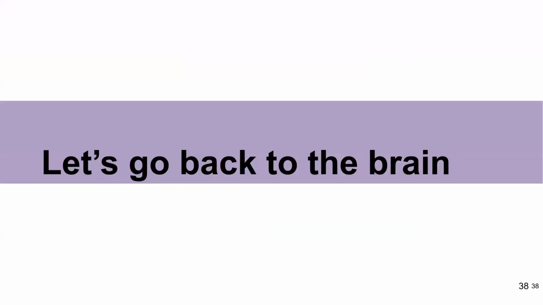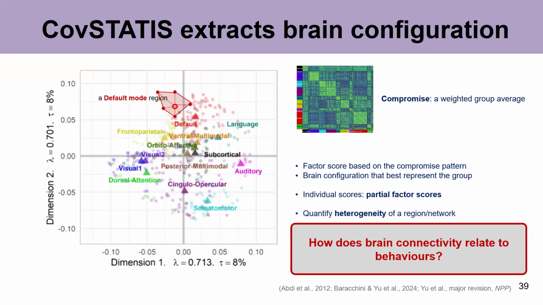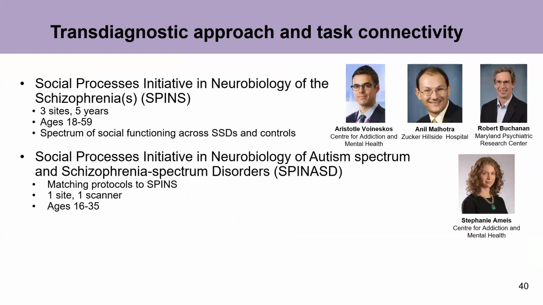Okay, so let's go back to the brain and I'll show you how we interpret the PLS results. Remember how I got the scores from my connectivity and want to relate them to the behaviors? Now we bring in the PLS. Just a quick background on what my data is. I have a transdiagnostic data set. I measure social cognitive scores from autism and schizophrenia across two studies.